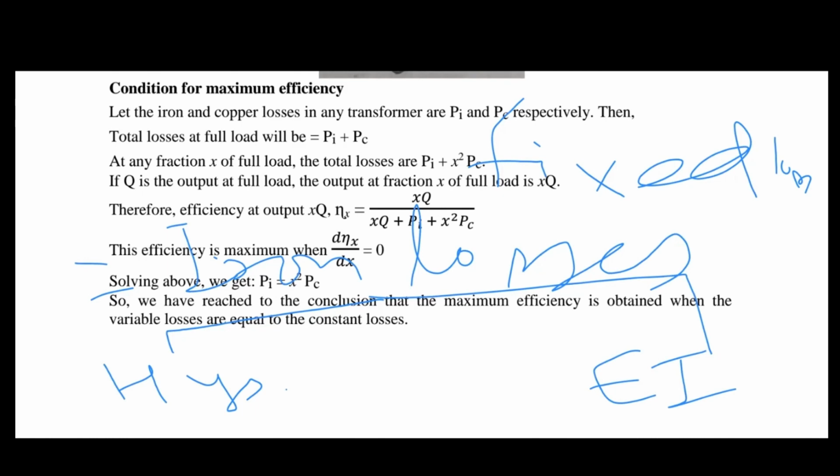They depend upon the maximum flux density, frequency, thickness of lamination, but they do not have any current component. So these losses will remain fixed and are categorized as fixed losses.